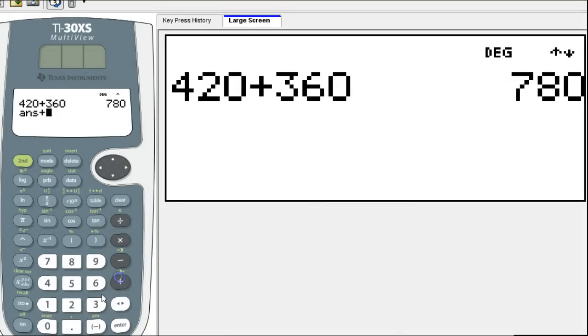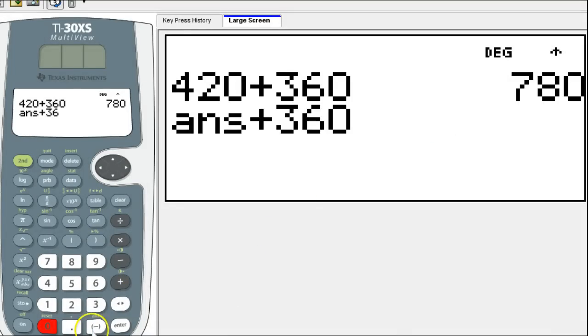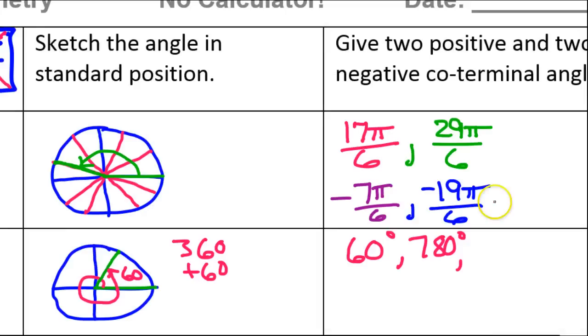If you add another 360 to that, that's 1,140. Why'd I put 2 commas? I don't know. So here are 3 positive coterminal angles.